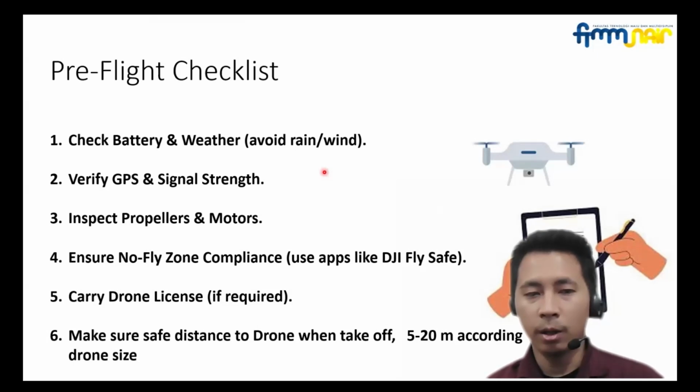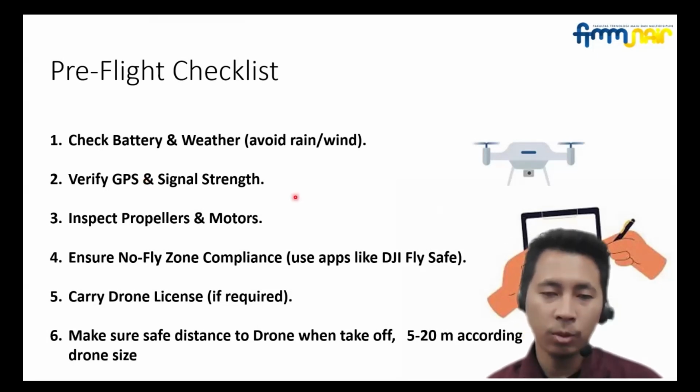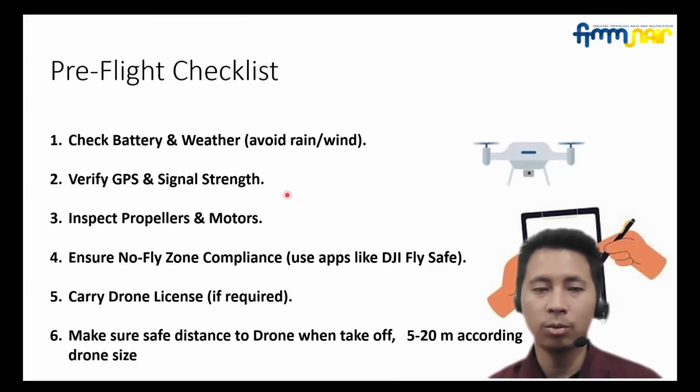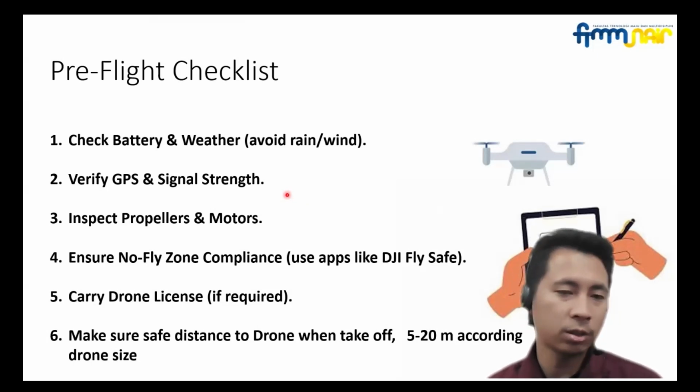Verify GPS and signal strength. You have to make sure that all of the systems of the drones have signal strength and a GPS count. If your GPS count is more than 20, I think it's good to go. More than 20 or 30, it's good to go.